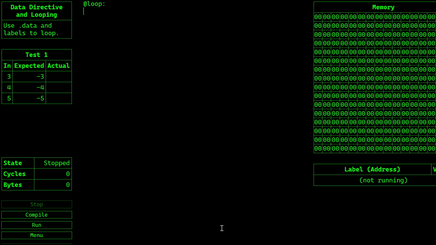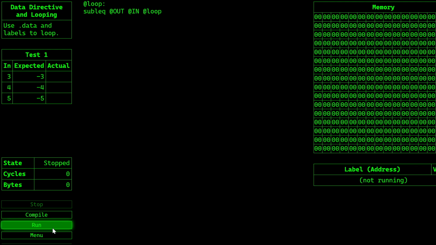Because what we want is just subleak of @in and @out. No, out and in, right? And if we were to just write @loop here, it actually looks correct, except that if the input is a negative value, we won't jump, right?